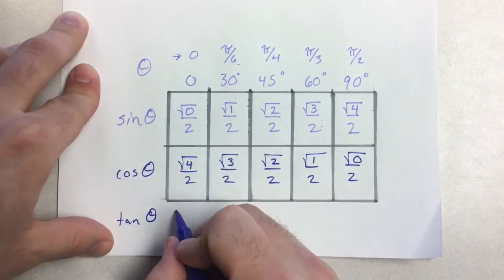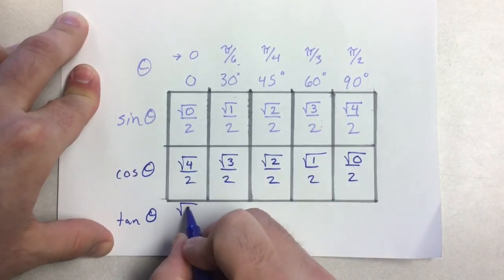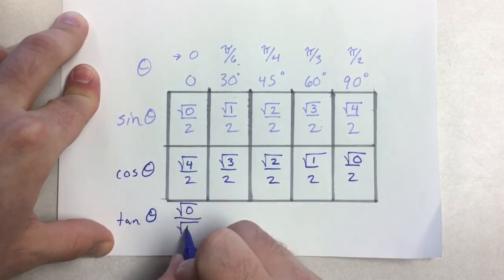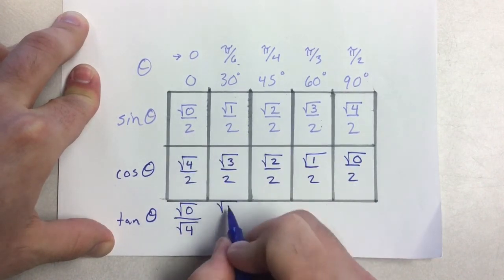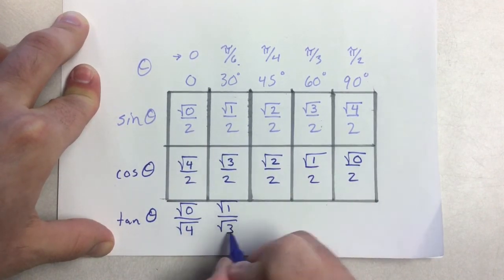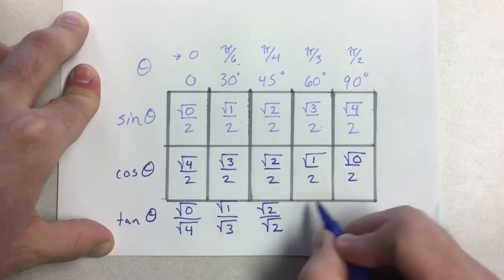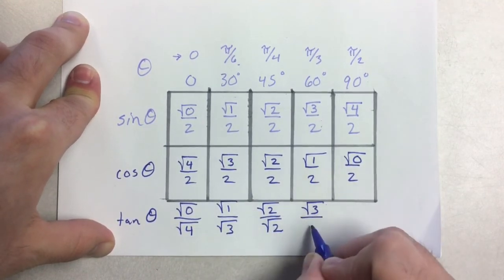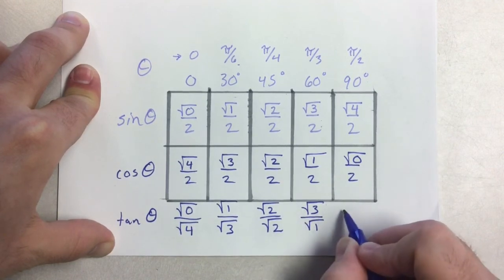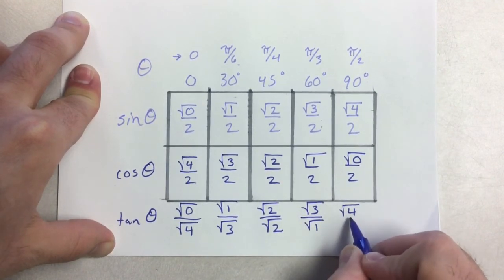So here I take the square root of 0 divided by the square root of 4, the square root of 1 divided by the square root of 3, the square root of 2 divided by the square root of 2, the square root of 3 divided by the square root of 1, and the square root of 4 over the square root of 0.